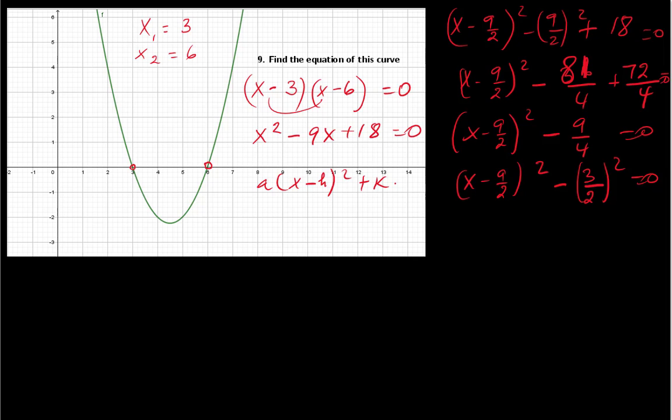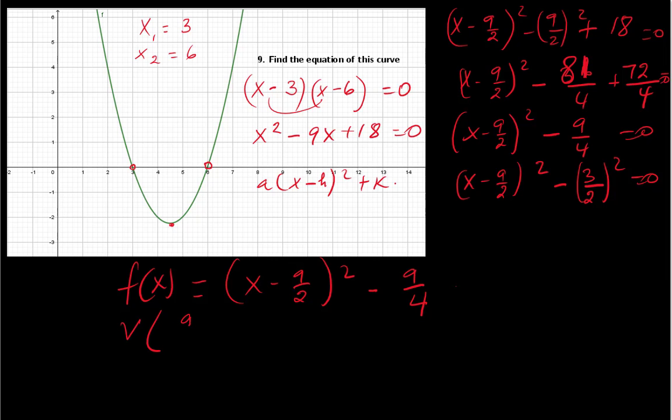Or we can simply leave it in this format. We can say the function f of x is equal to x minus 9/2 squared minus 9 quarters.